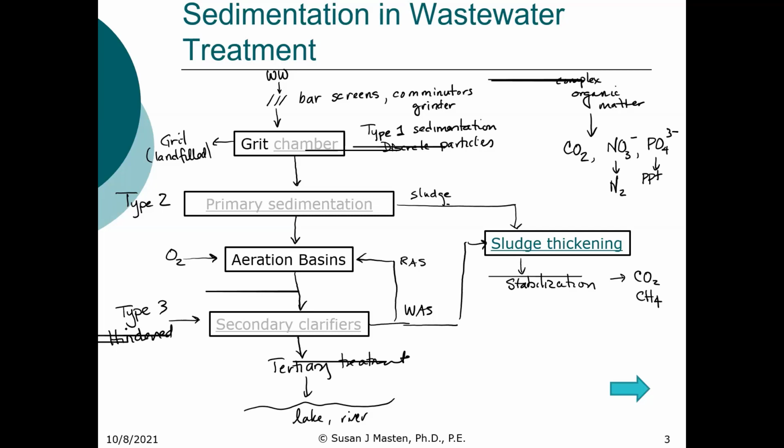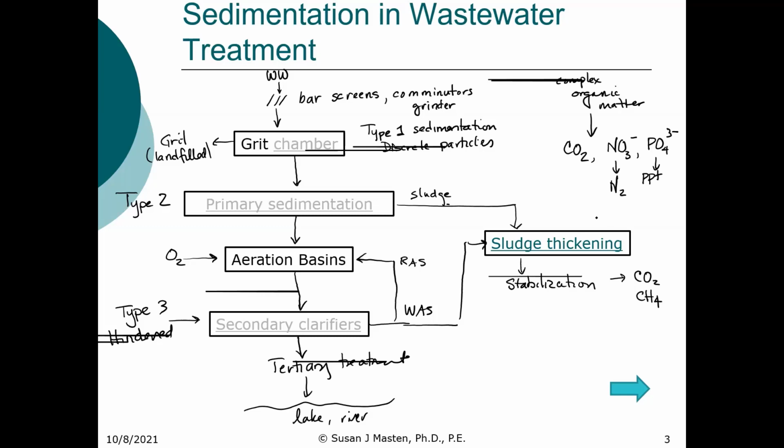In a secondary clarifier, we've got a more dense sludge. So our mixed liquor has a much higher suspended solids concentration than our effluent from the grit chamber. So we get much more aggregation, much more interaction of particles.